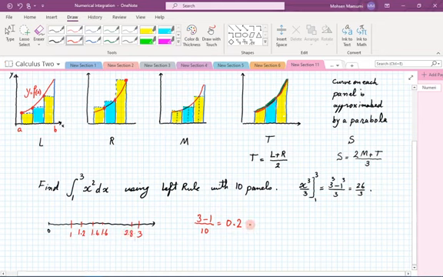This 0.2, which was obtained from b minus a divided by the number of panels that is given to me, typically shown by n, has lots of nicknames. One nickname for it is h, another nickname for it is delta x, and some other nicknames out there in use also. So the first thing to do is to find your h or delta x. If you have 10 panels, how wide is each panel? Simply b minus a divided by number of panels you want.